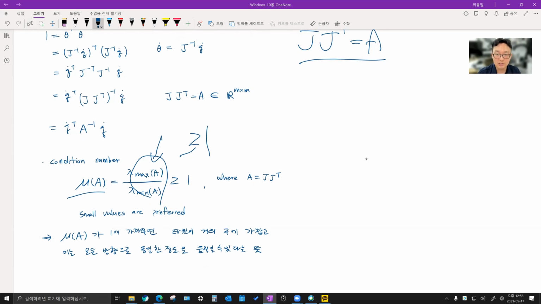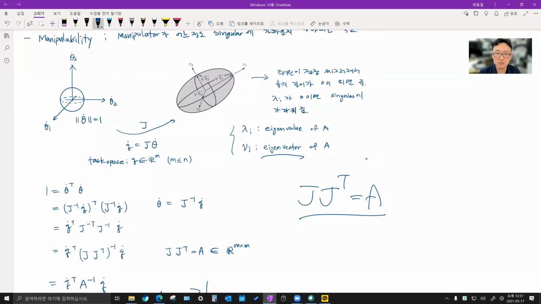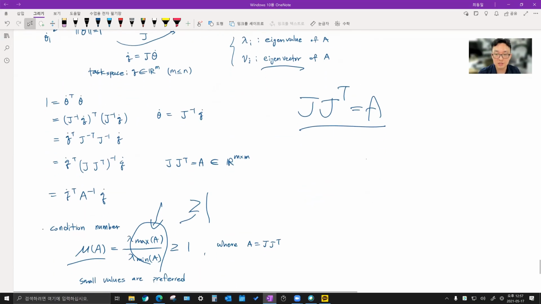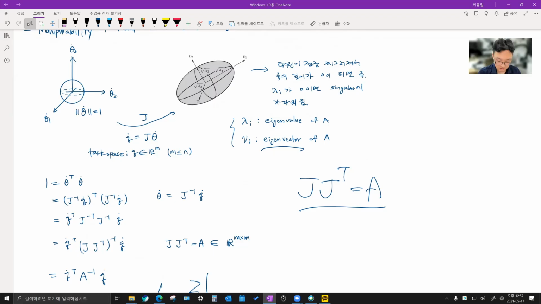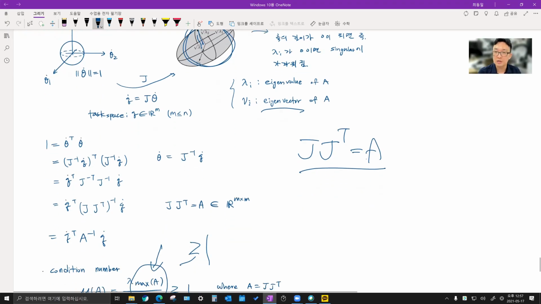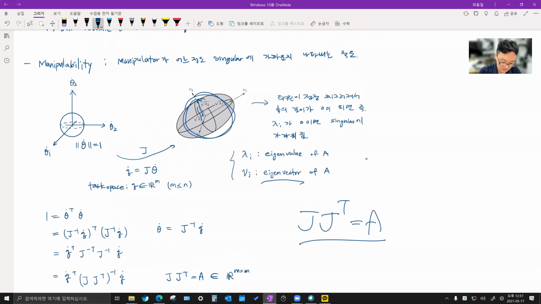Actually, when the mu number is close to 1, this ellipsoid is close to a sphere. So if the mu number is equal to 1, this ellipsoid becomes a sphere. But when some axis is close to 0, in that case singularity happens. So it is better to make this ellipsoid a sphere.